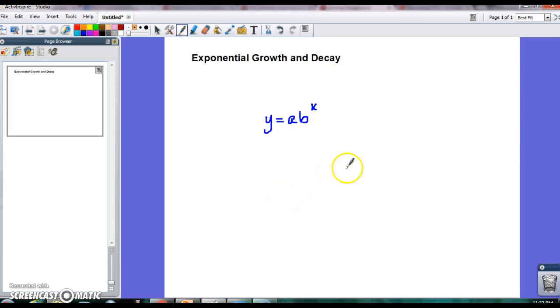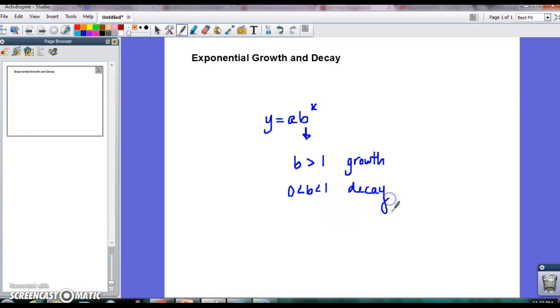The way you can tell the difference is by looking at this b value. If b is greater than 1, then you have growth. If b is between 0 and 1, so say b is 1/2, then you have decay.